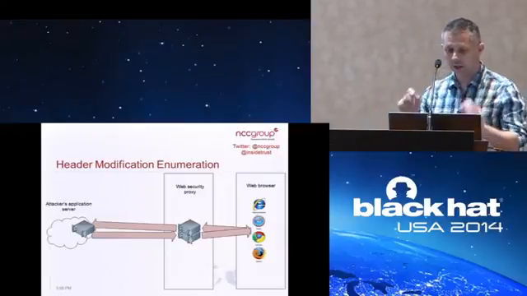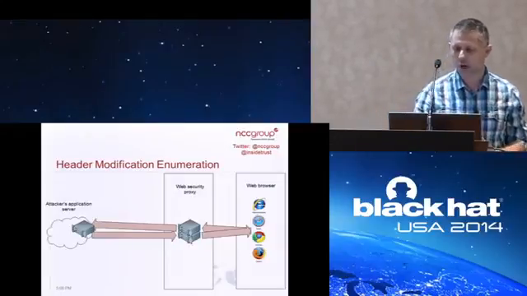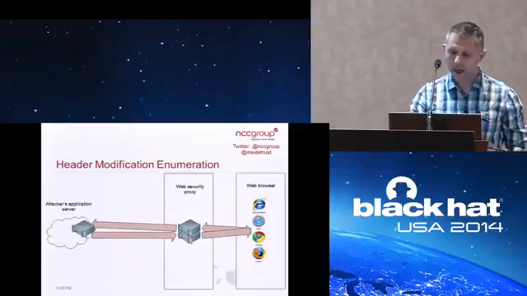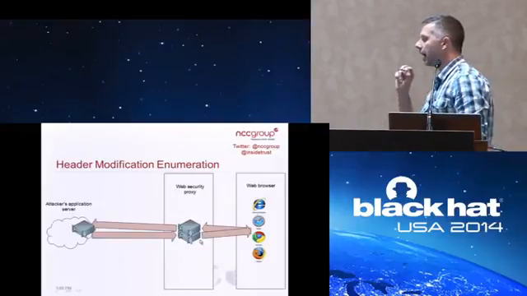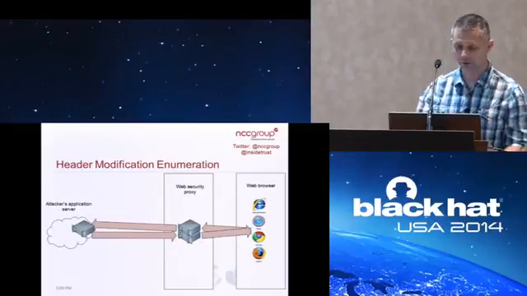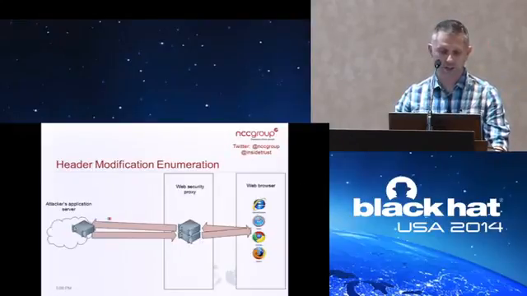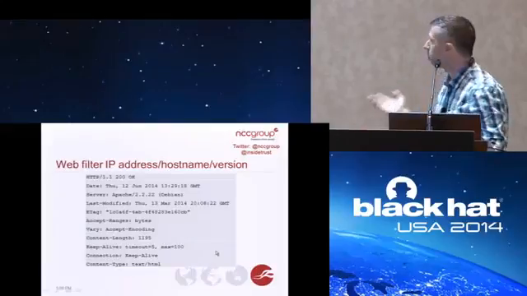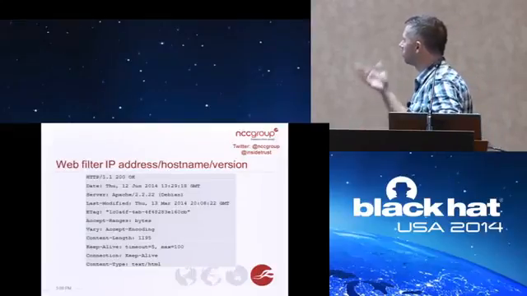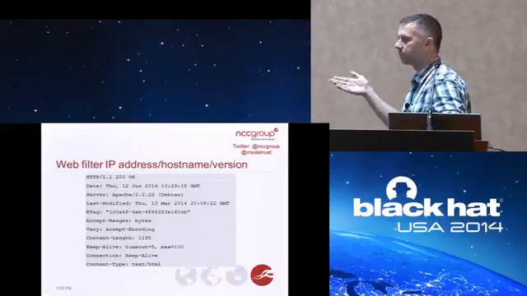So the first thing I did with implementing this is to just request a simple file. And one of the things that web proxies do is they modify the HTTP headers in the response. So the file gets requested, the file is downloaded, and the headers are modified from the headers which would have been in the original response from the attacker's web server.